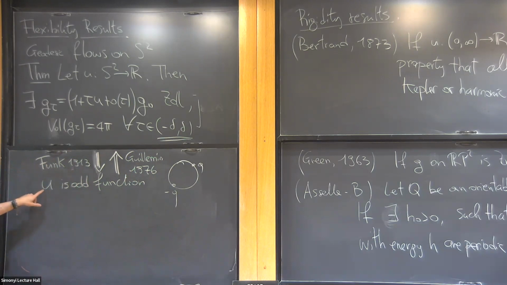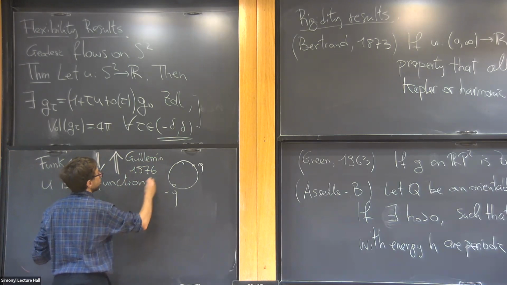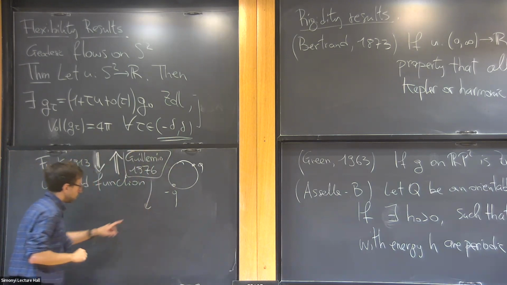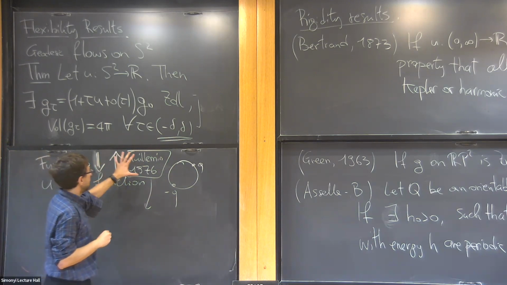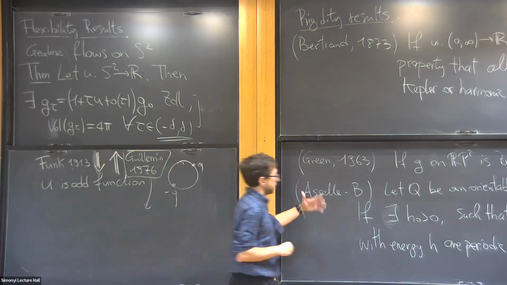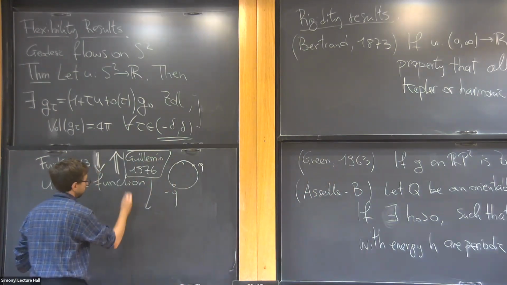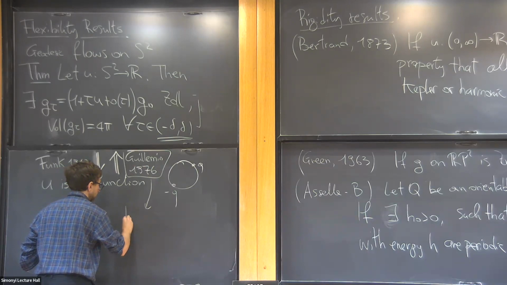Now, for each U, you need to construct really the Zoll deformation. We will see how we take the idea of this proof and have a similar argument in the case of magnetic flows. This is an implicit function theorem proof.